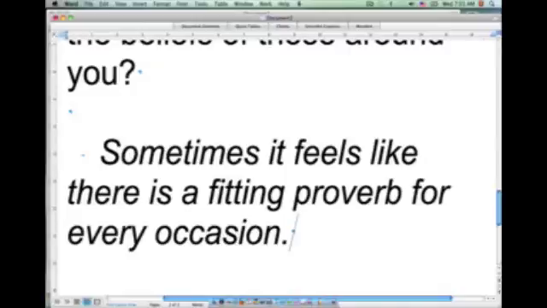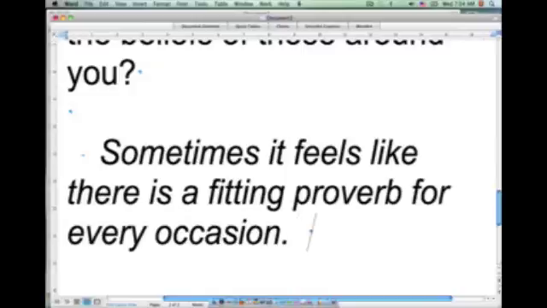Sometimes a proverb will say one thing, and then a proverb from somewhere else says the exact opposite. So proverbs are kind of difficult things to draw really helpful advice from. So sometimes it feels like there is a fitting proverb for every occasion.